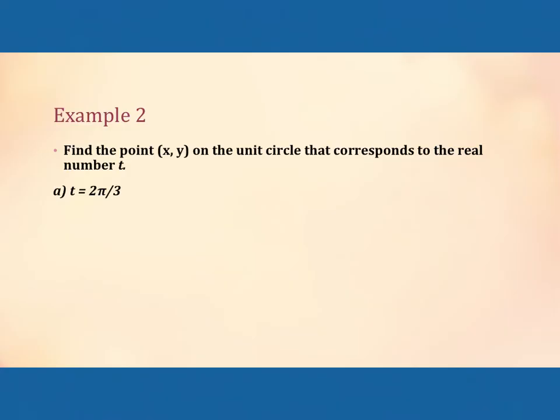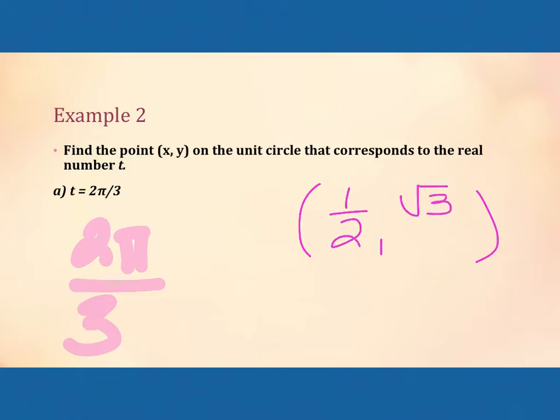All right, now it says find the point on the unit circle that corresponds to the angle. So instead of giving you the point, you got to find it. It's 2 pi over 3. So think, again, recall, what is every pi over 3? What's the coordinate point at pi over 3? 1/2 and root 3 over 2.